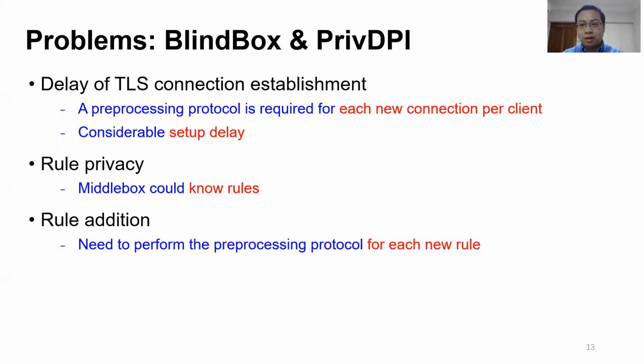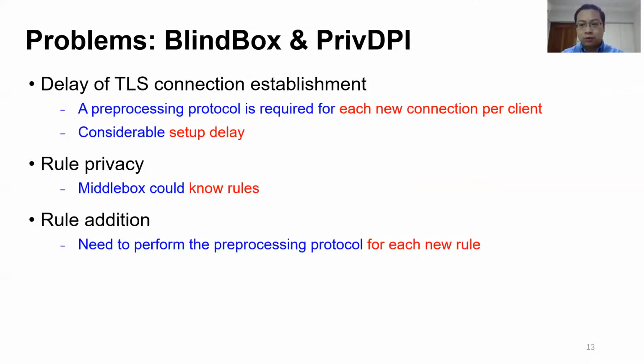However, for BlindBox and PrivDPI, there still exists a considerable delay during the establishment of a TLS connection, since each client is required to run a pre-processing protocol for each new connection. Both BlindBox and PrivDPI do not provide the privacy of rules against the Middlebox.